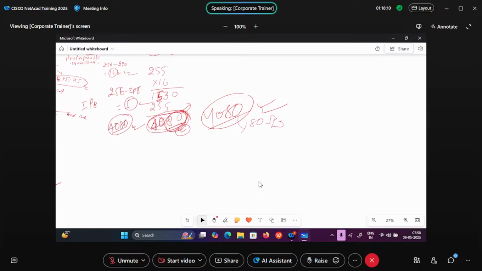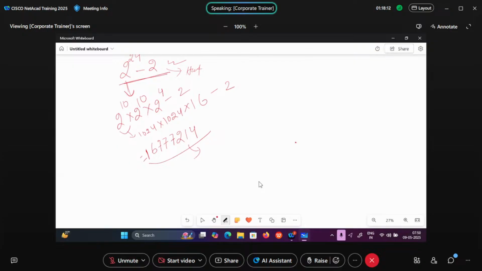But if we have a requirement of 4,000 and you use different class A networks, you will waste so many IPs, more than lakhs or crores of IPs. If you calculate 10,000, then lakhs, 10 lakhs, then crore, 10 crore. More than crores of IPs are going to be wasted in these situations.